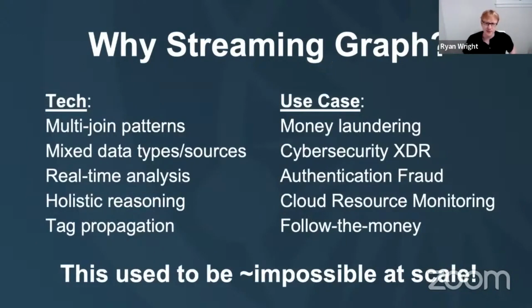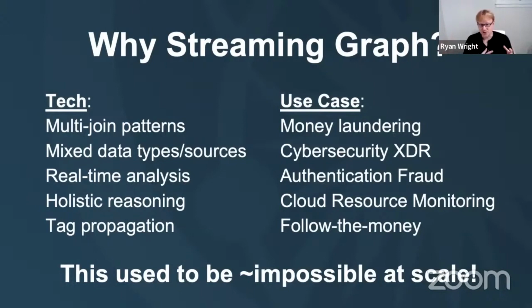So why would you want to do something like this? Why a streaming graph? Well, some of these technical capabilities have really enabled new kinds of capabilities. And things that were hard or even impossible in data streams, like multi-join patterns, which are just too slow to actually be practical in a high volume situation, those get solved with Quine and enable new kinds of use cases, like detecting money laundering.